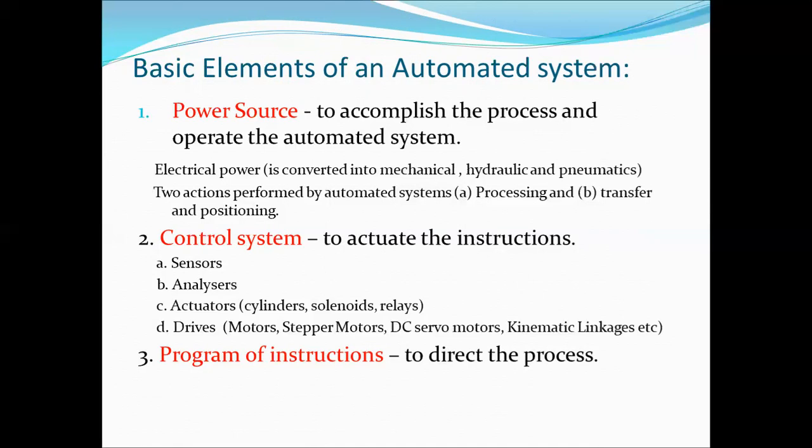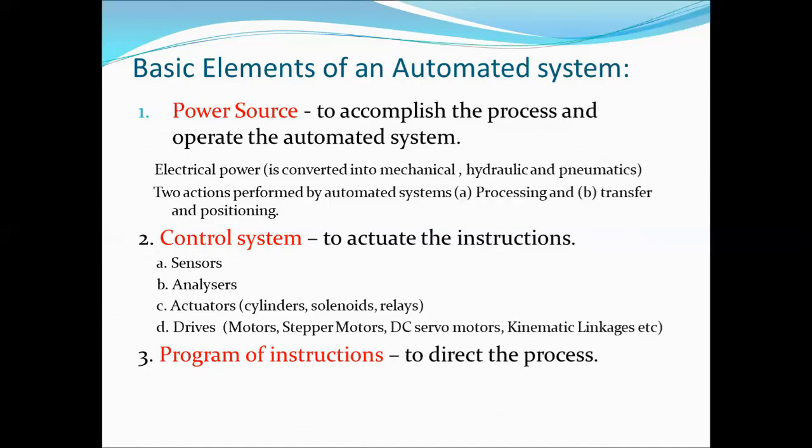The first power source is electrical power, which is converted into mechanical, hydraulic, and pneumatic power. In industry or in any operation, we have to perform basically two actions: one is the processing, and the second is the transfer and positioning. These two things can be done with the help of the source of power.